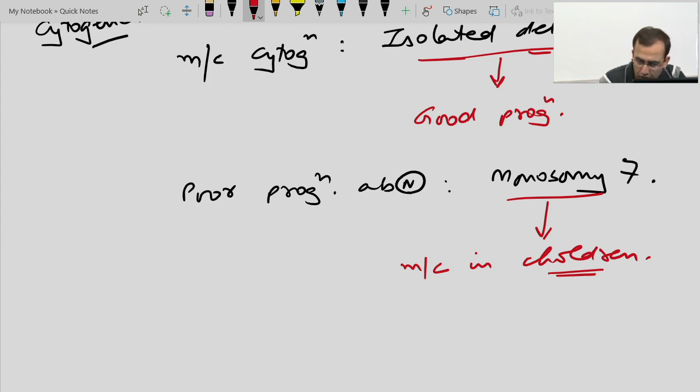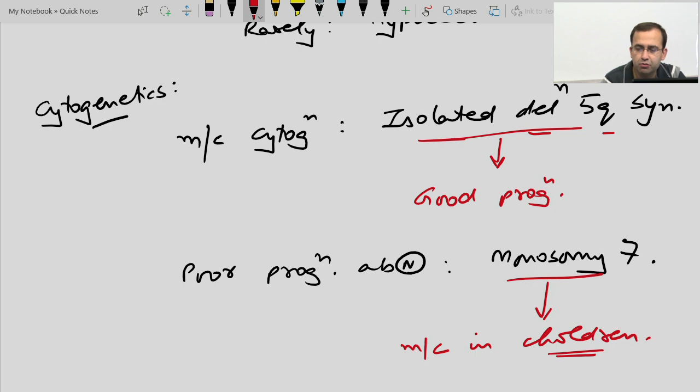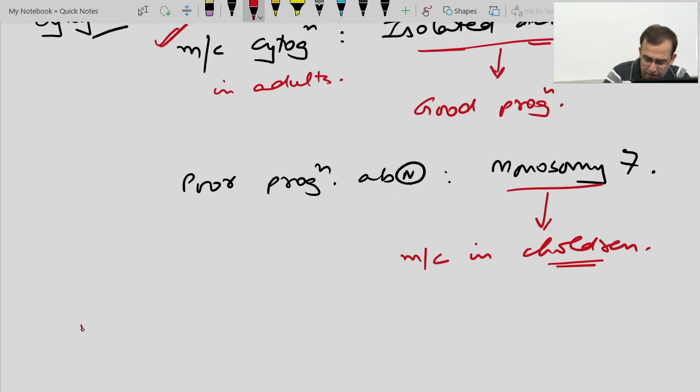Next point, which was overall the most common cytogenetics? Isolated deletion 5q. So this is most common overall, as well as the most common cytogenetics in adults. Both the points are similar. Why? Because MDS is more common in adults as compared to children.